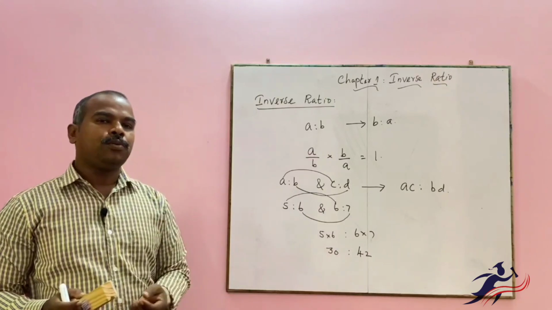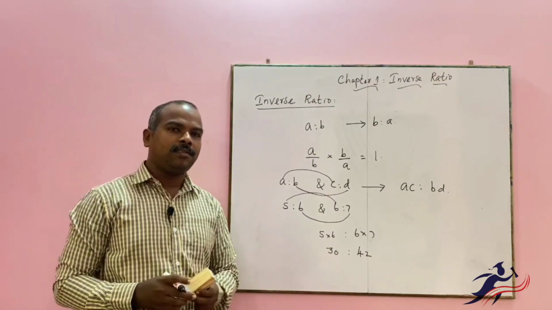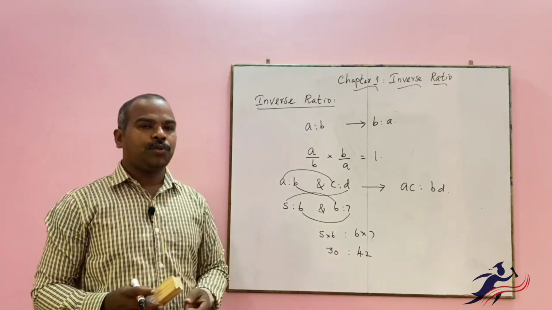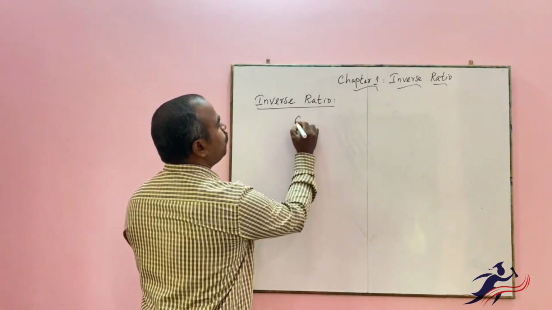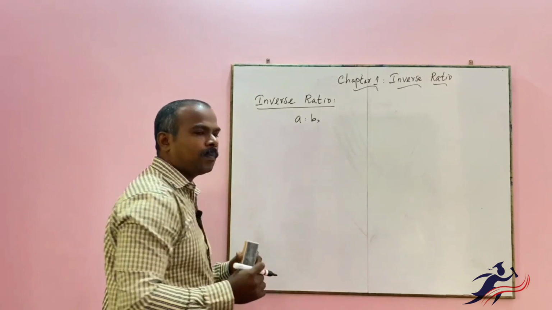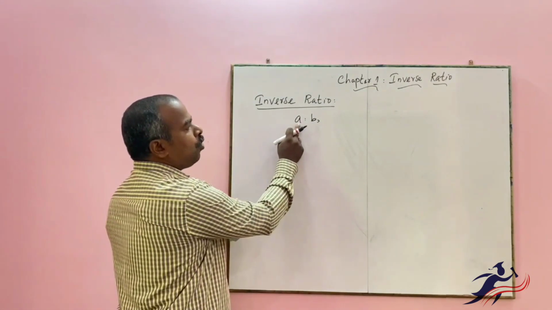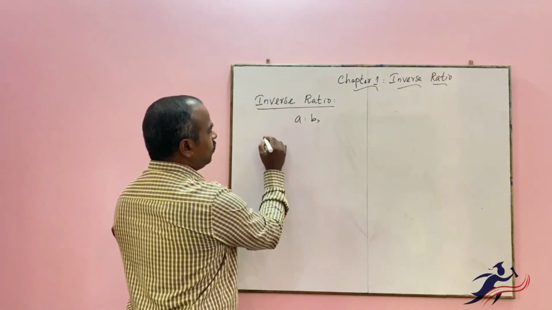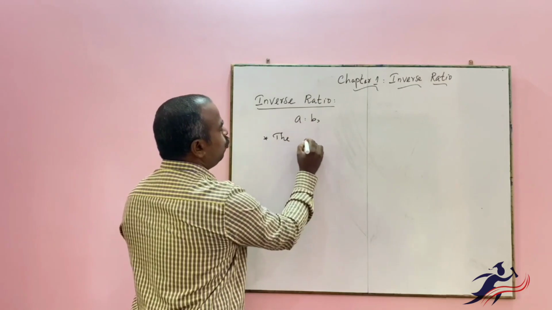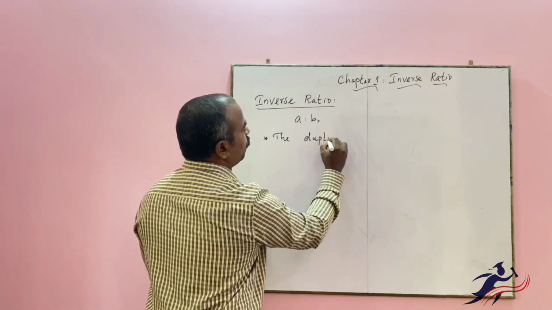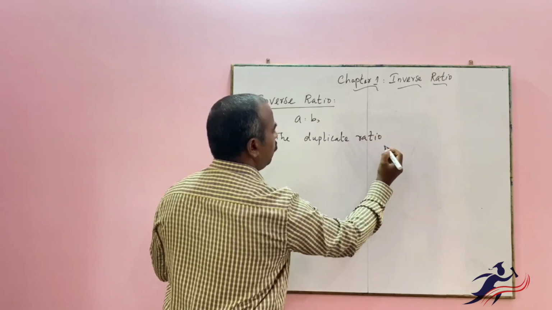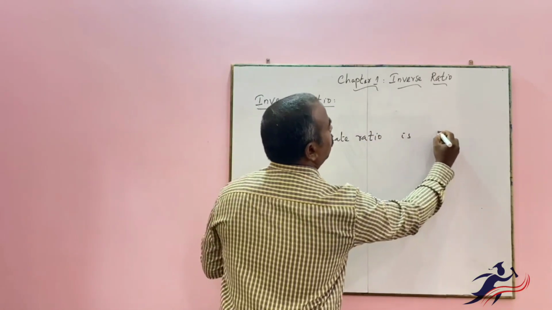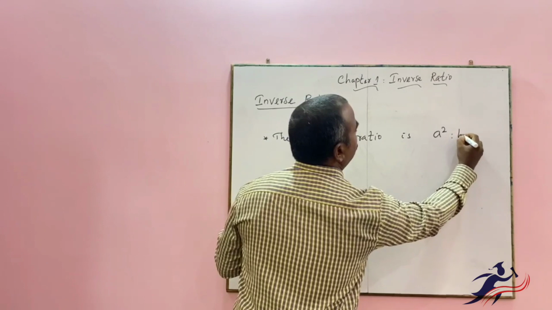Now, we are going to see some results among ratios. For any ratio A is to B, the duplicate ratio is A square is to B square.